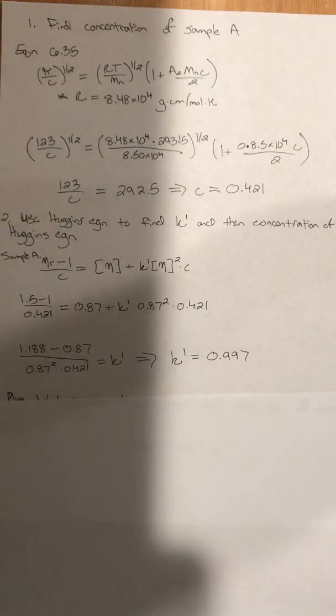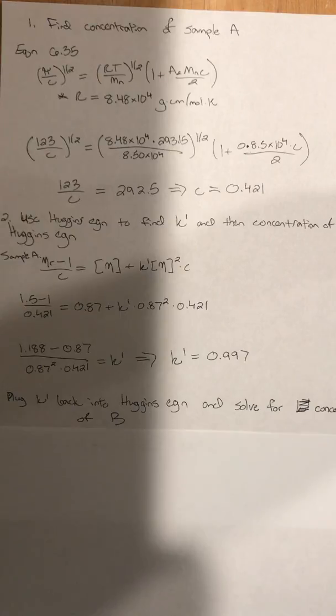Then you can plug K prime back into the Huggins equation and solve for the concentration of sample B. So here's the beginning of that.